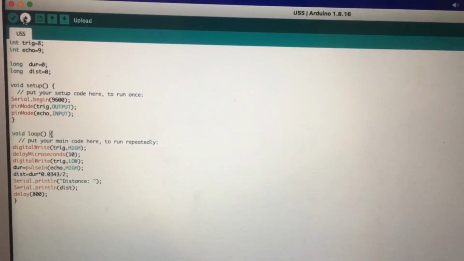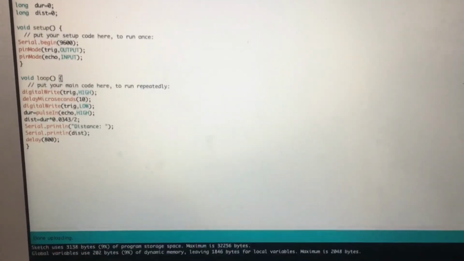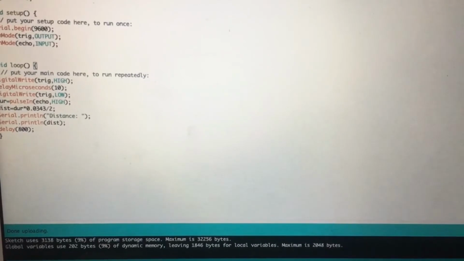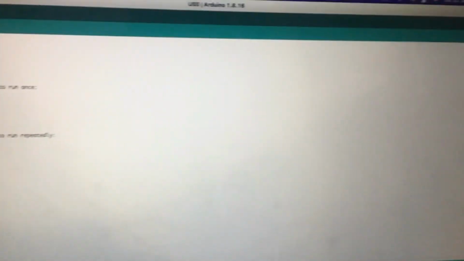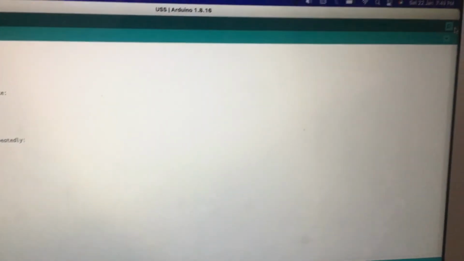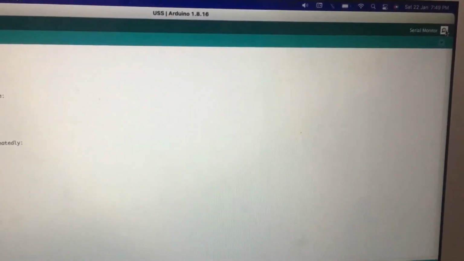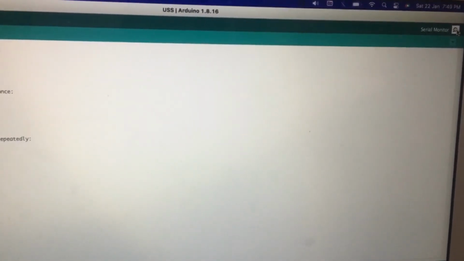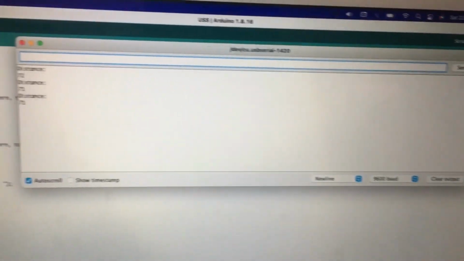So click on upload. It is uploading the code. After that it is showing done uploading. After that we need to open our terminal. Just go here and click on serial monitor so that it will show the centimeters of the object which is placed.